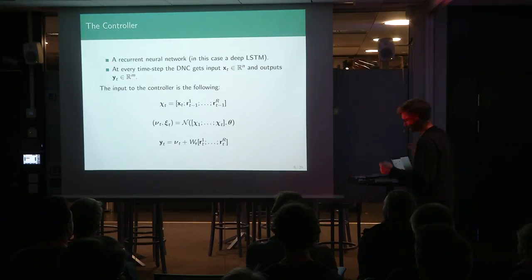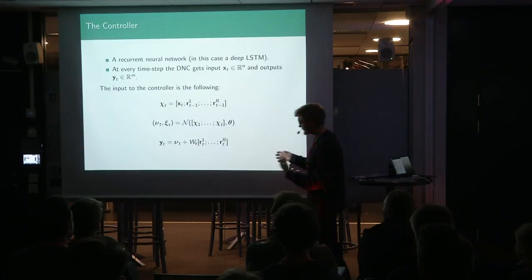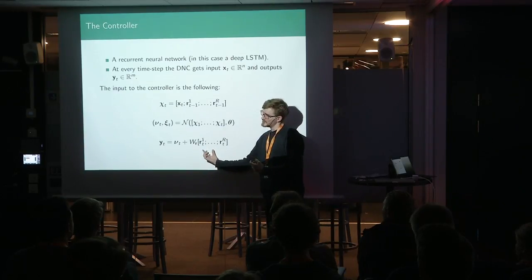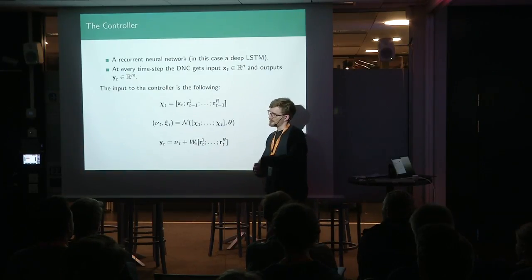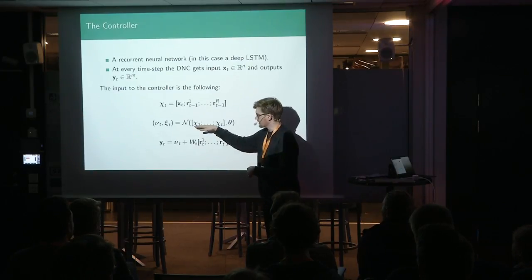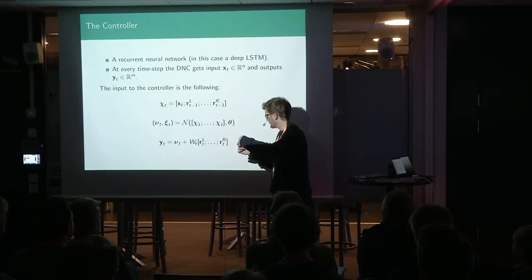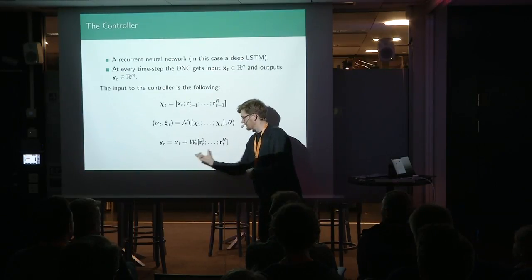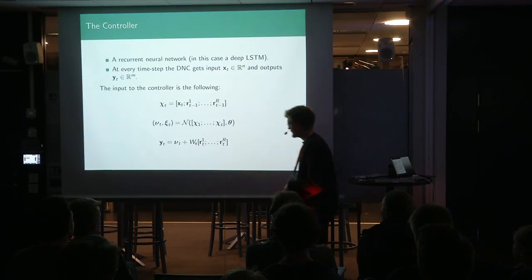You want what you read in the current iteration to be included in the output, but you can't include it here because of a circular dependency. So you add it afterwards with some linear map.